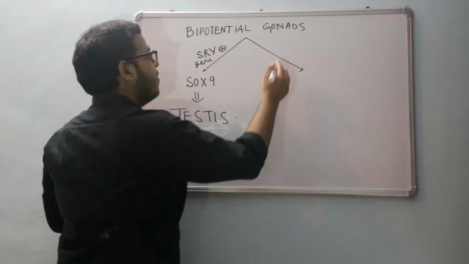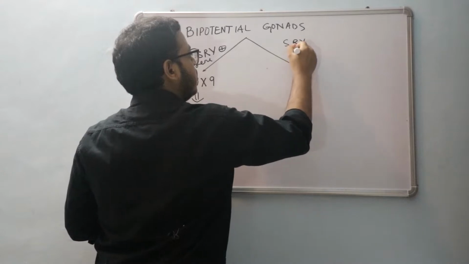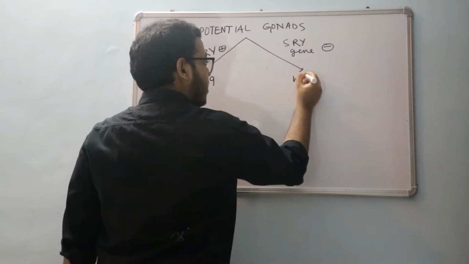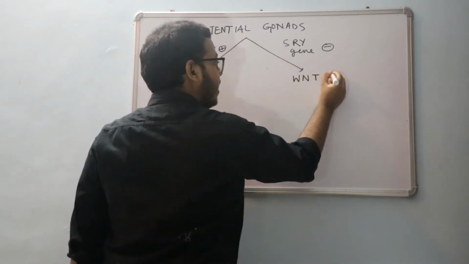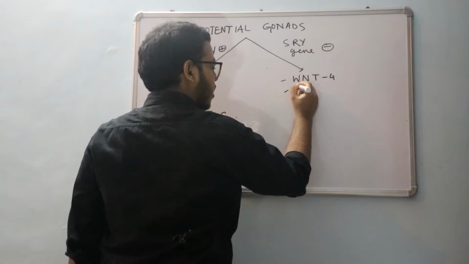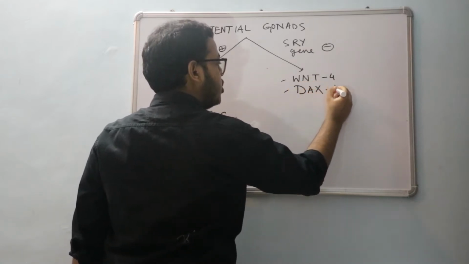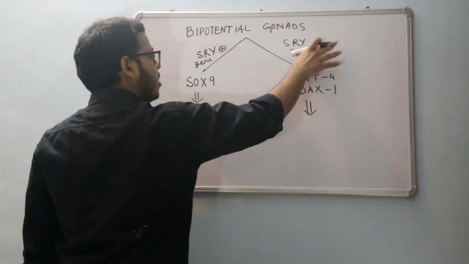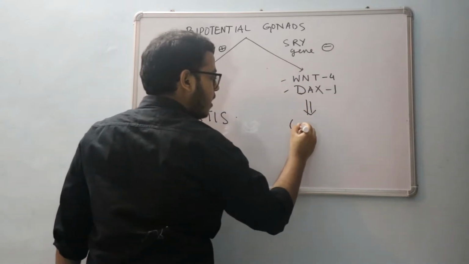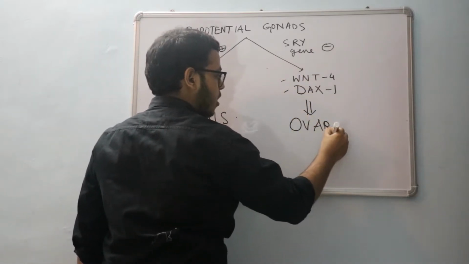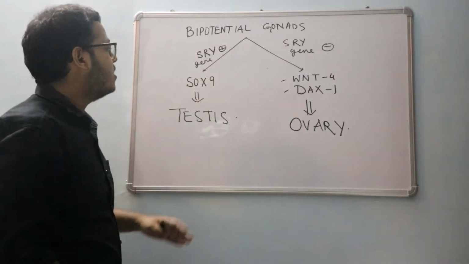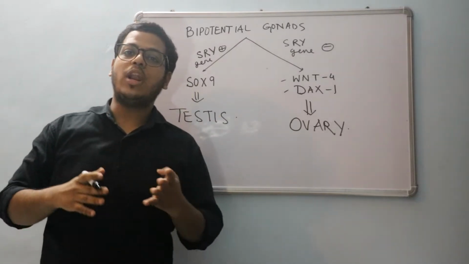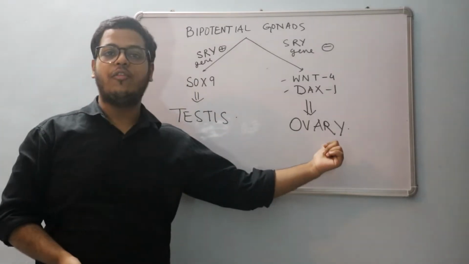If the SRY gene is not present, then in the presence of some other genes like WNT4, and another gene, the DAX1 gene, these two genes, in the absence of the SRY gene, help us get the ovary. So the bipotential gonads, based on whether the SRY gene is present or absent, become either the testis or the ovary.